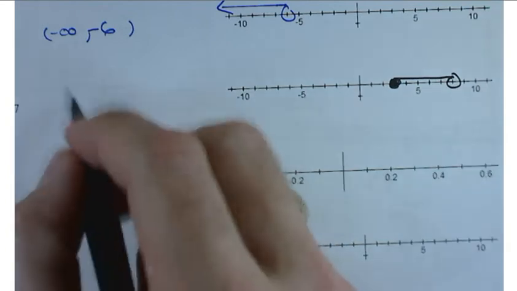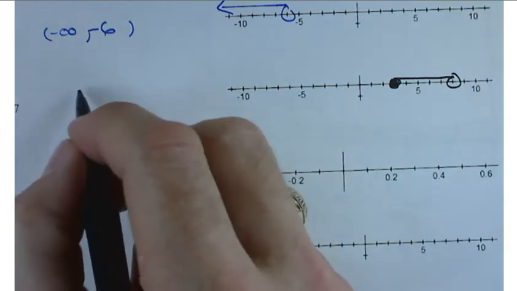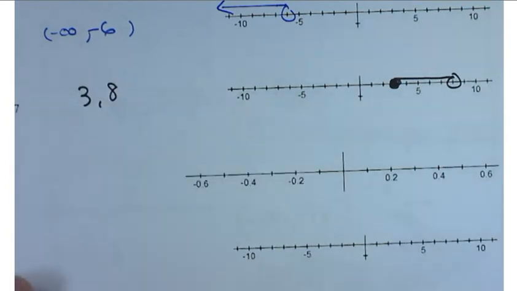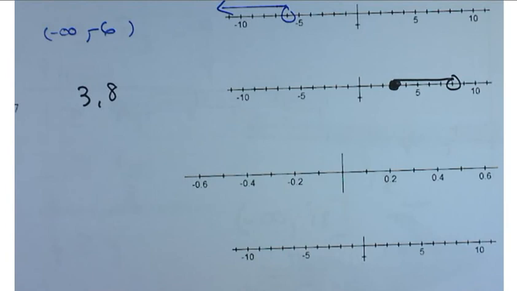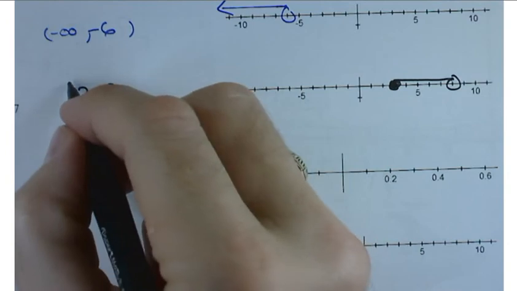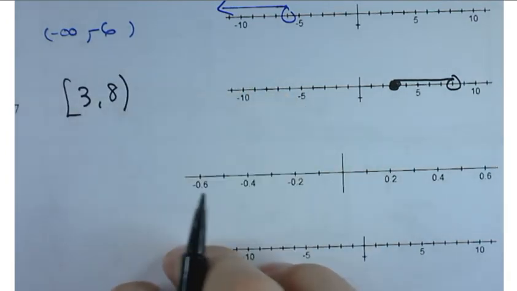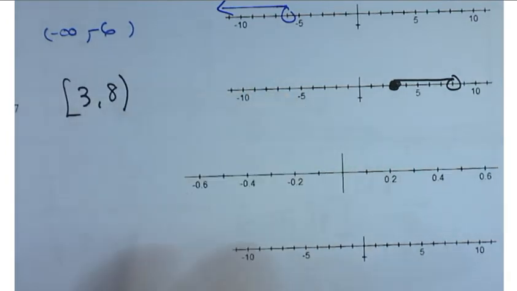In terms of the interval notation, same two numbers, 3 and 8. What about brackets and parentheses? What do they get? Thank you. Bracket, parenthesis. Yay. How are we looking on that first one? Okay. Let's try the next one.